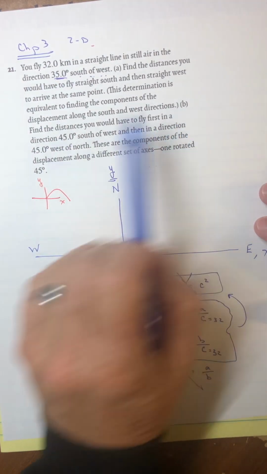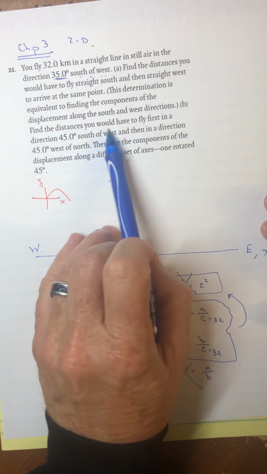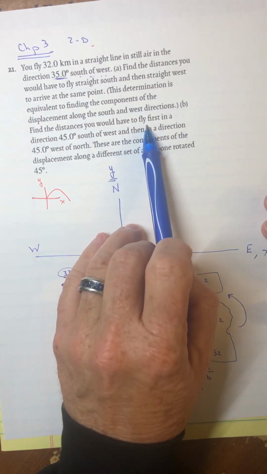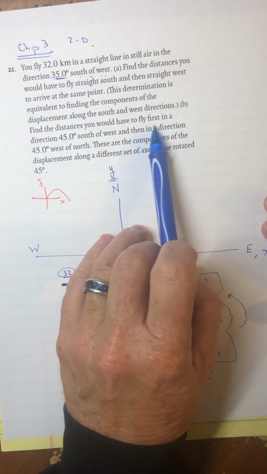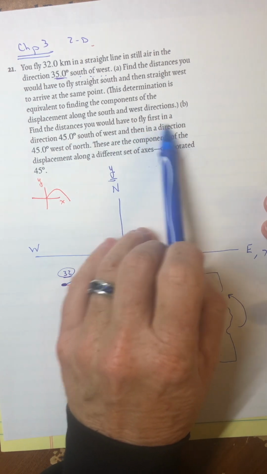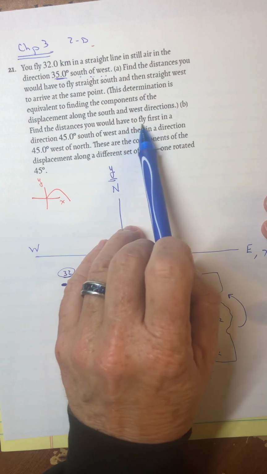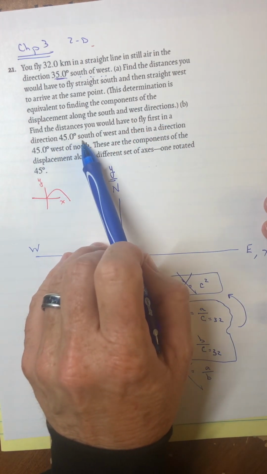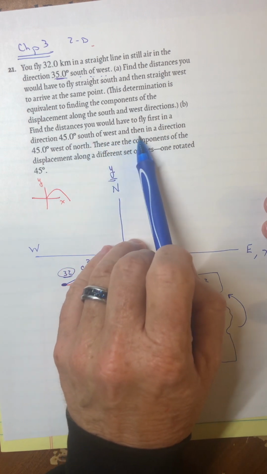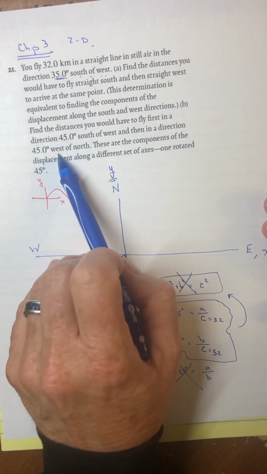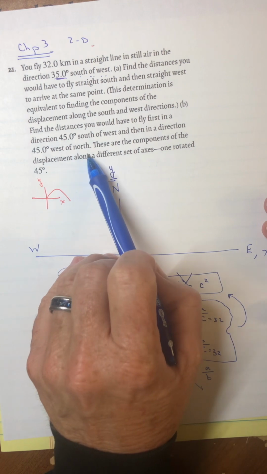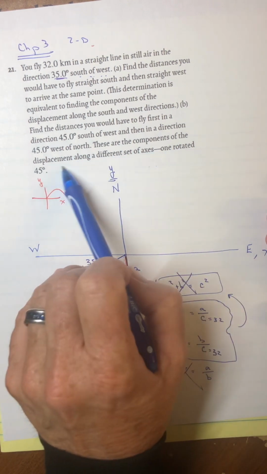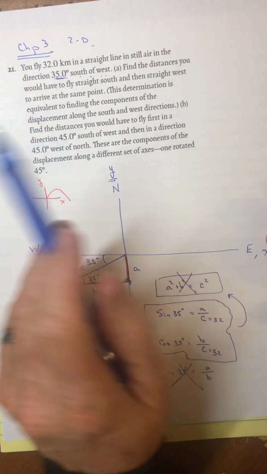B, find the distance you would have to fly first in a direction of 45 degrees south of west, and then in a direction 45 degrees west of north. These are the components of a displacement along a different, oh, I see.